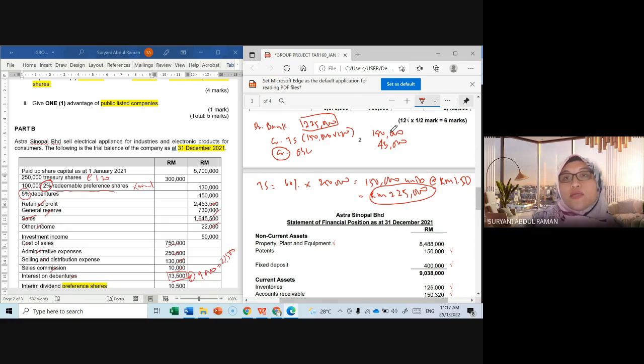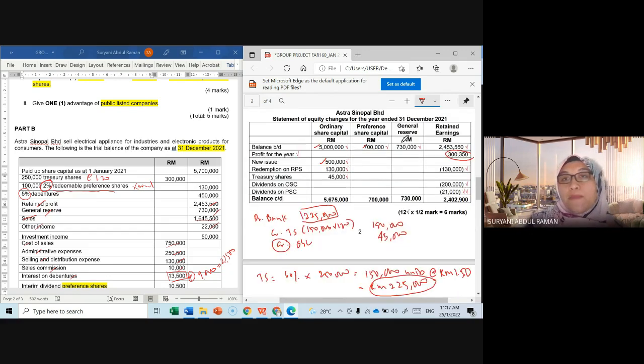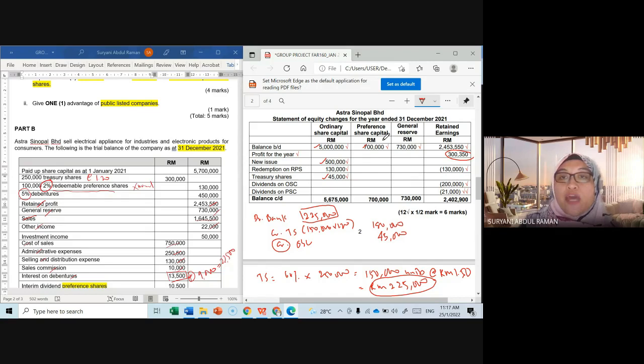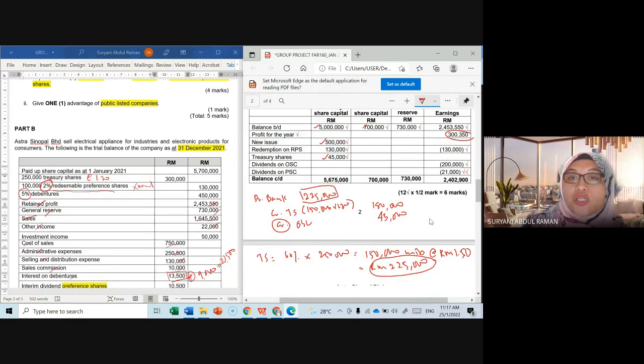So that is the reason why ordinary share kita tambah 45,000 ni. Nampak? Boleh kelas? Boleh, madam. Okay, good. So dia punya effect bukan sekadar di sini. Nanti jangan lupa treasury shares akan berkurang.